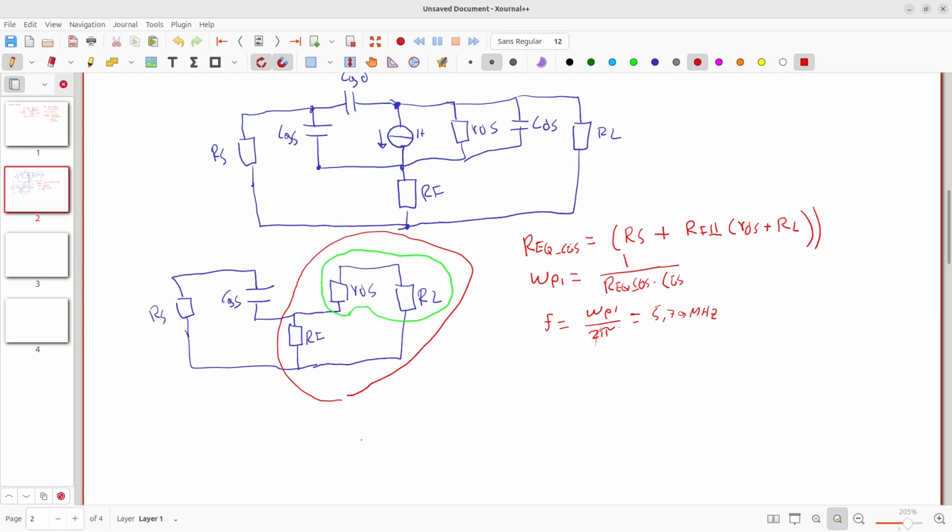For the position of the other pole, I also need to draw the model. So we're going to take, on the other hand, CDS, the output pole that is located here. So we will have capacitor CDS, there will be resistance RL. This capacitor is in parallel to RDS.